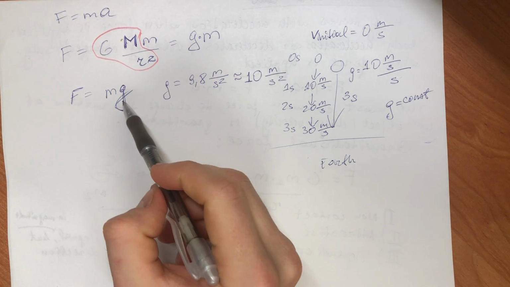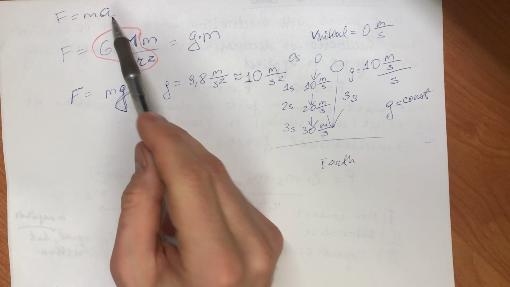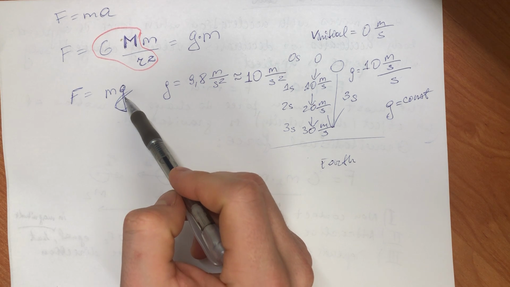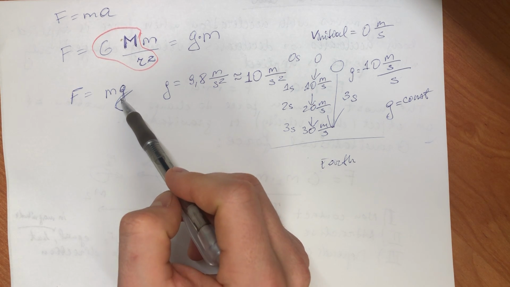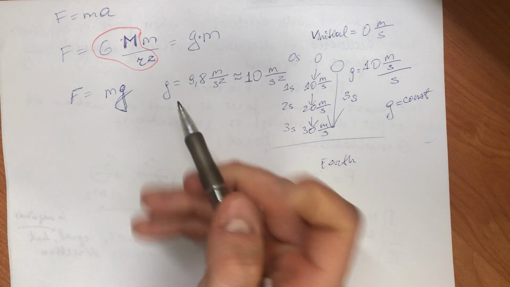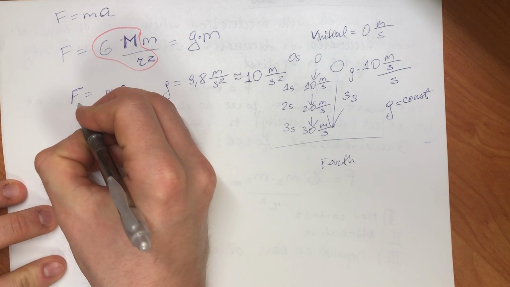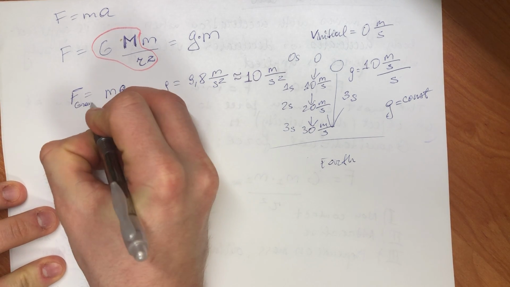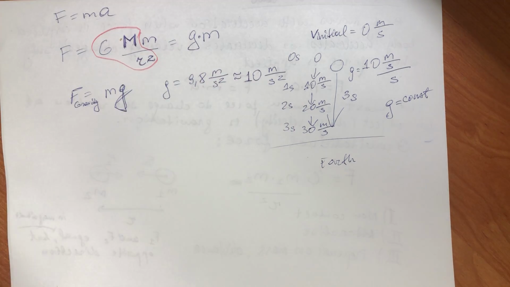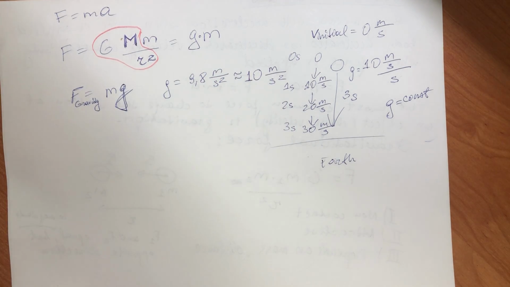And this motion, where the object is accelerating due to g, is called F gravity. Gravitational force exists between two masses.